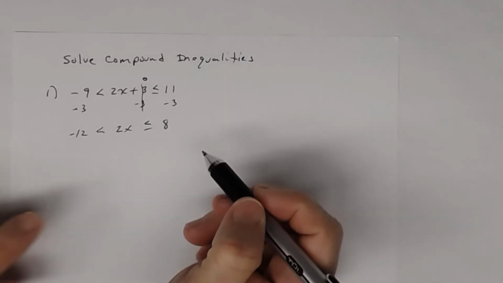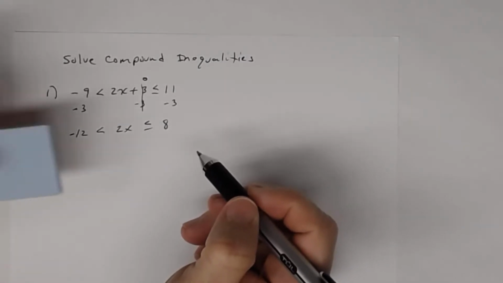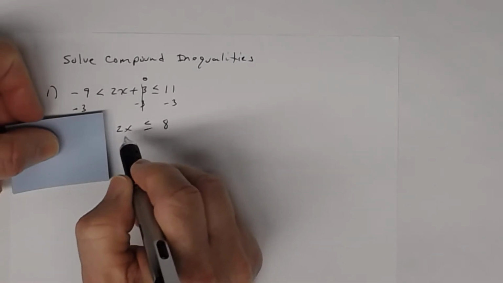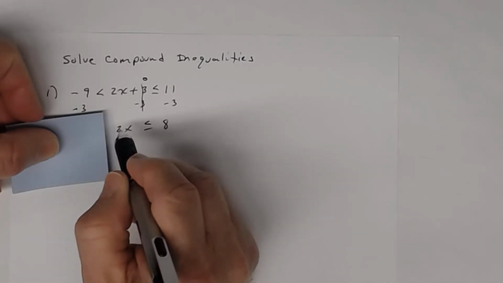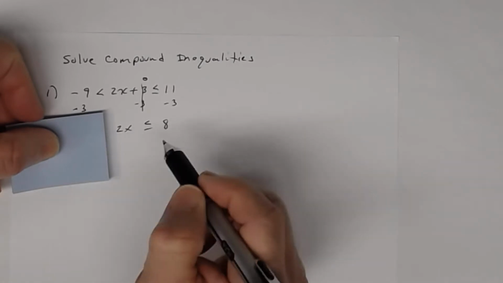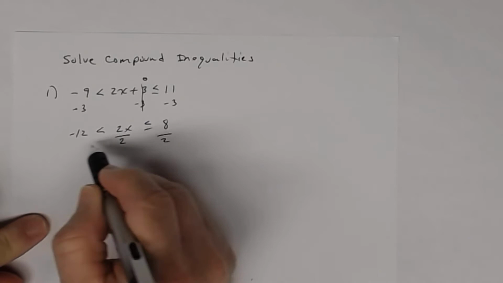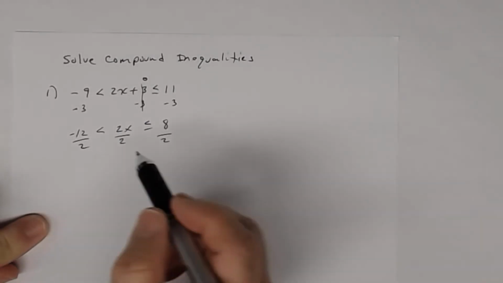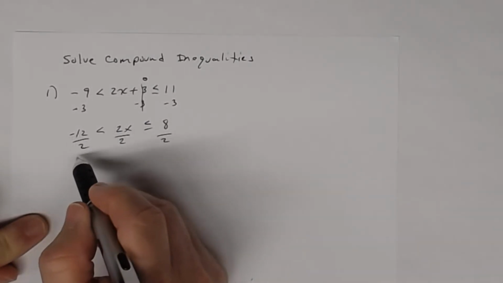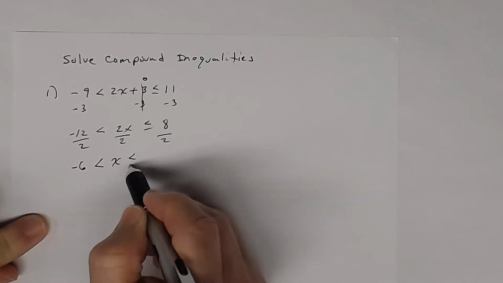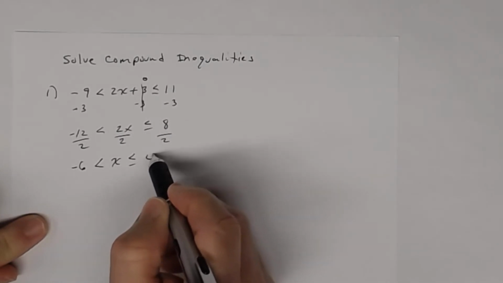And then to get the variable x by itself, so if all you had was this simple linear inequality, you know to solve for the variable x you would have divided both sides by 2. Well, in this compound inequality, you do the same thing. Divide all parts by 2. And so you have -12 divided by 2 is -6, is less than x, is less than or equal to 8 divided by 2 is 4.